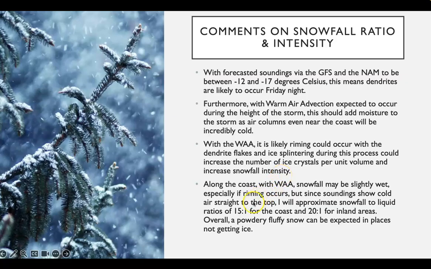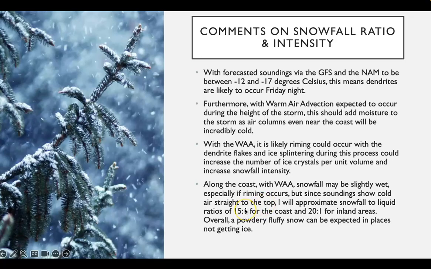For the ratios, I went with 15 to 1 for the coast, only because, again, there might be some riming, and I wanted to take everything into account, and 20 to 1 for inland areas. So that means you take your quantified precipitation and then you multiply it by 15 to get your snowfall amount.